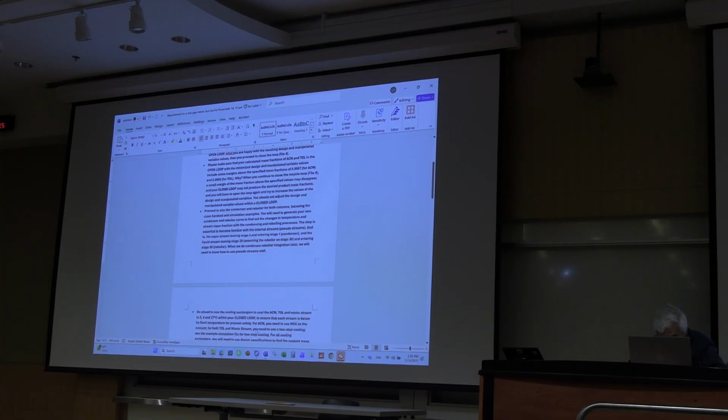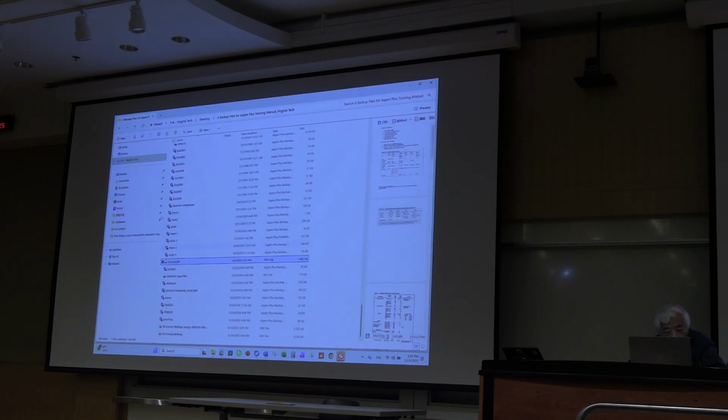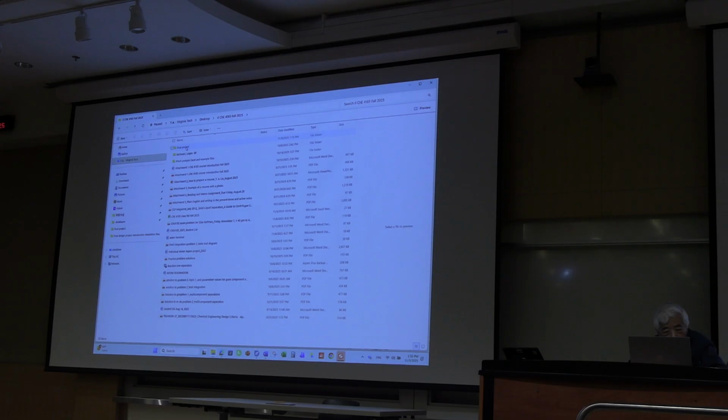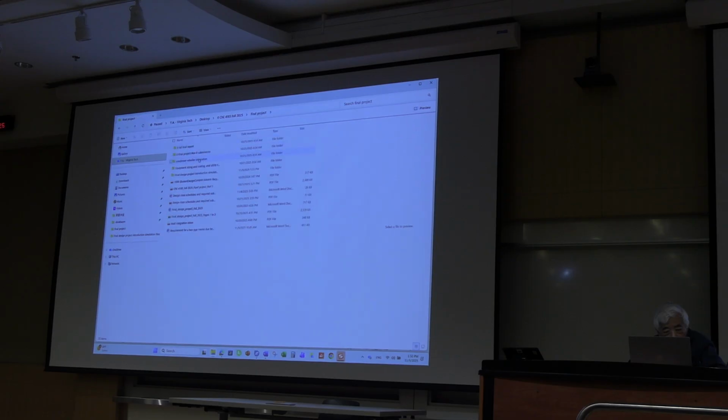Let's open one example. In the condenser reboiler, okay. Yeah, condenser reboiler sizing.